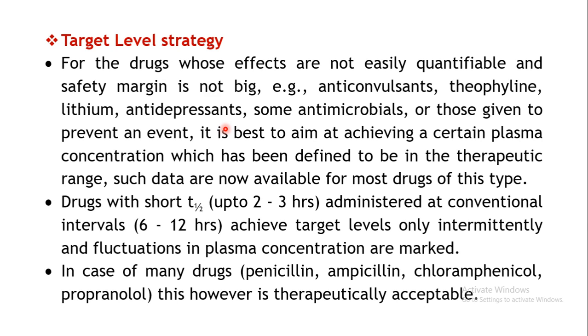As we have seen, 4 to 5 repeated doses are required for the drug to reach the steady state plasma concentration, right? There are certain situations where you cannot wait that much time. So in this case you can have a target level strategy.